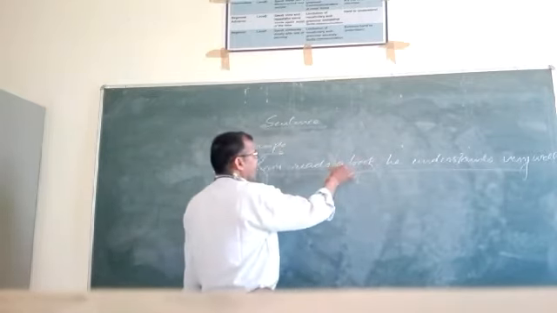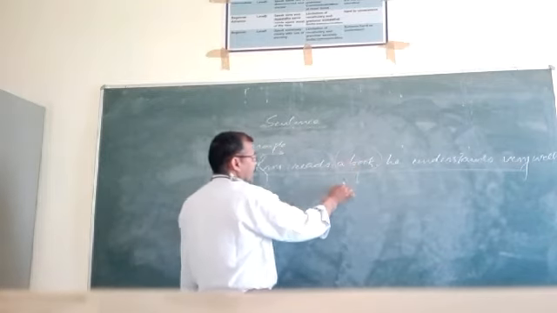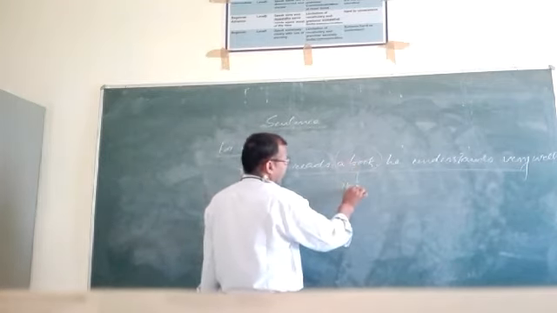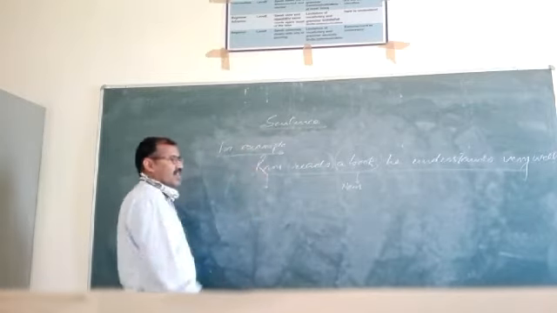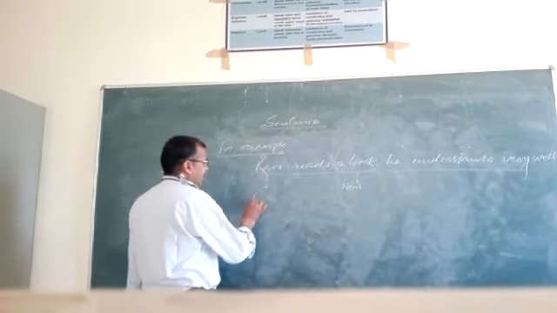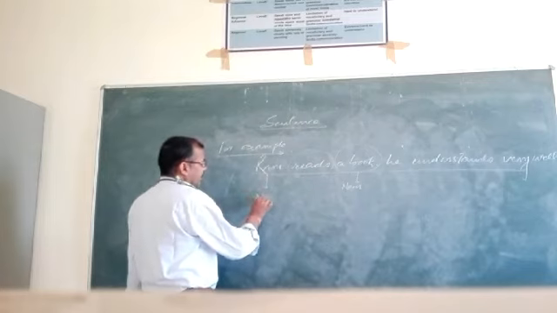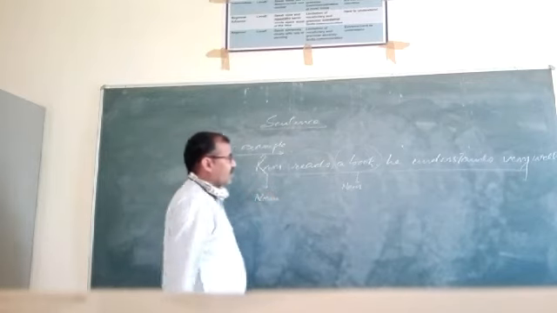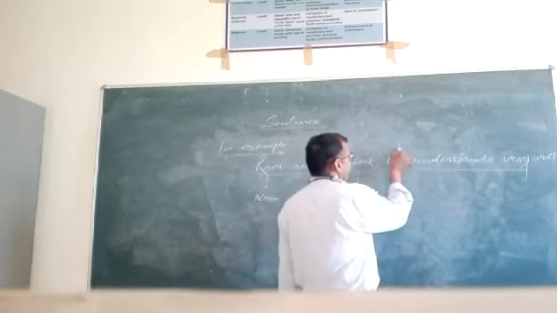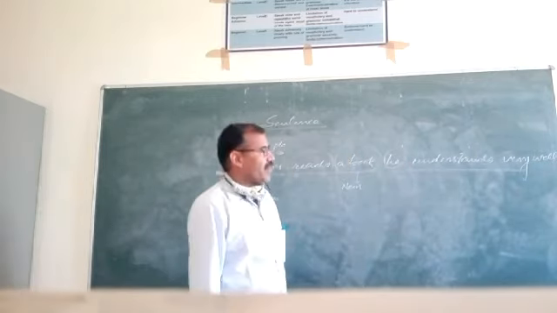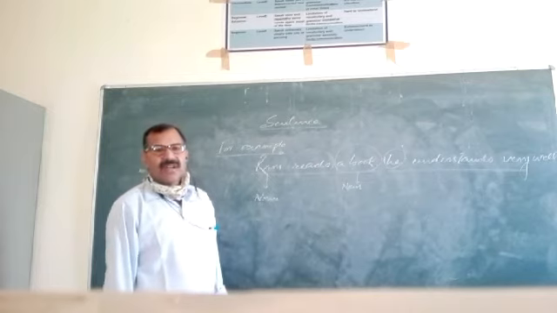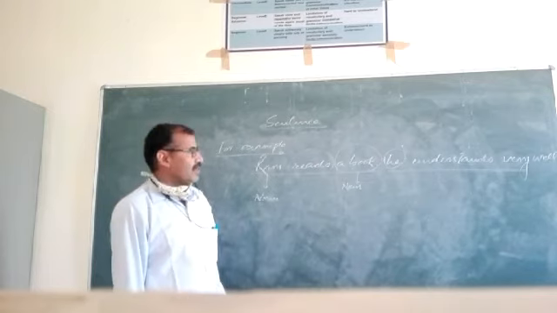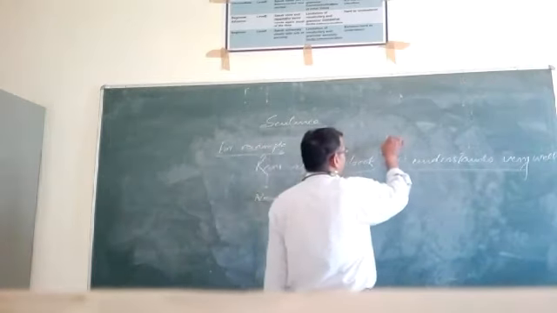But here it starts with the article. So the word that starts with an article is called the noun, and the word that starts with a capital letter is called the noun. And the second sentence, he: it does not start with a capital letter, and does not start with the article. What is this thing? It means it is not the noun.